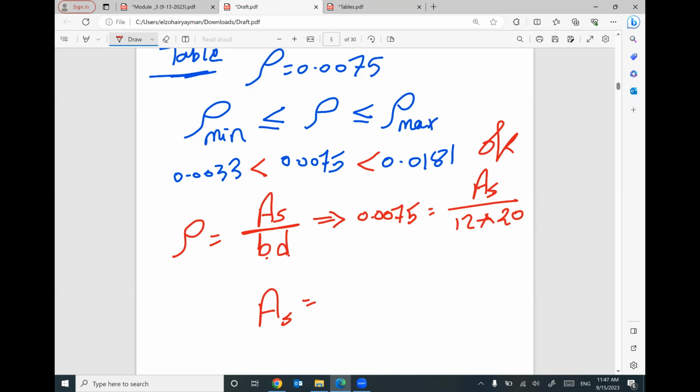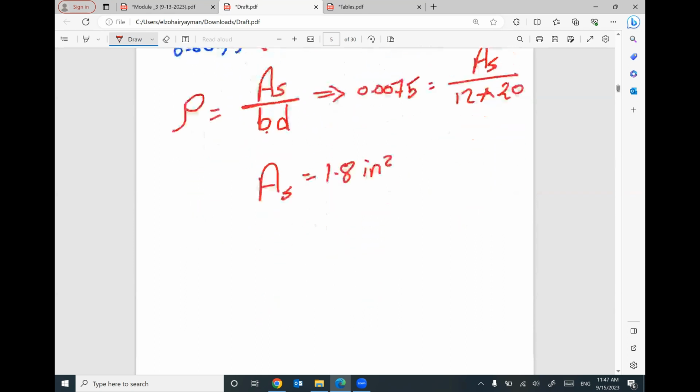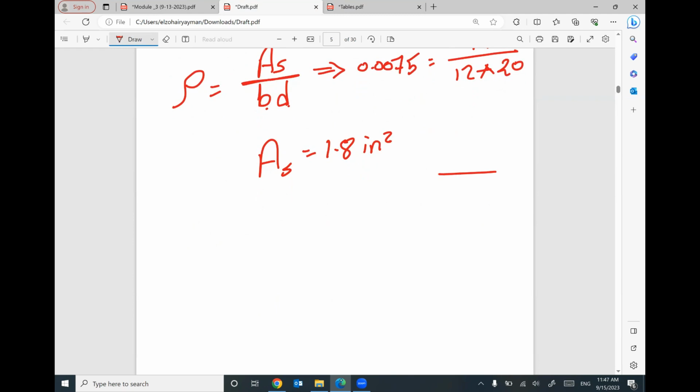It will be 1.8 inches square. How many steel rebars? I need to convert this area of steel to a number of rebars. If you are going to use number 4, how many? Number 5, how many? Number 6, how many?